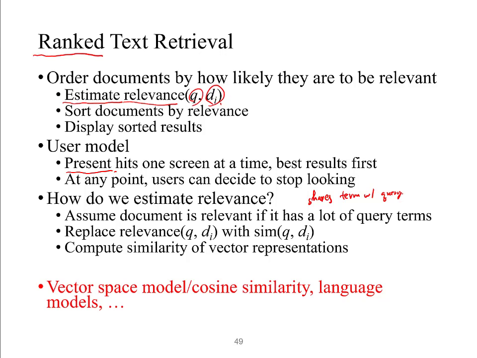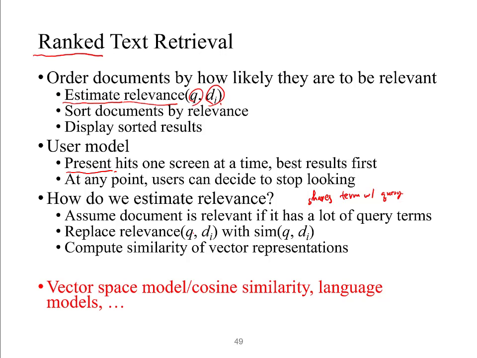This is how we decide whether a document is relevant. Then we use the relevance between query and document i as the similarity between query and document i.